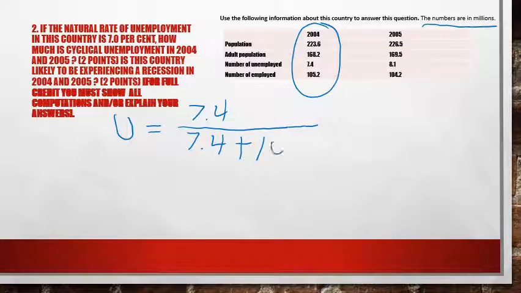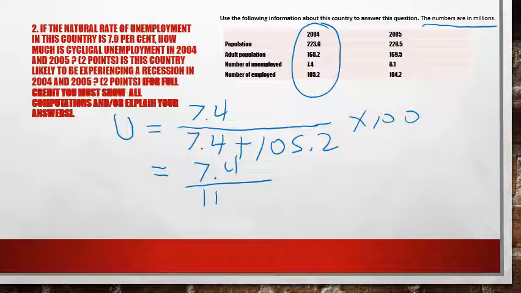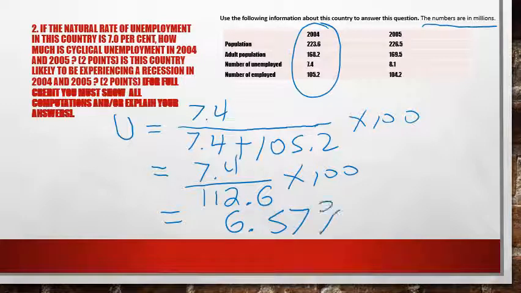So it's 105.2, and we have to multiply by 100 because we're calculating the unemployment rate, a percentage. So 7.4 divided by 112.6 times 100 will give us an unemployment rate of 6.57%. That's an approximation, obviously.